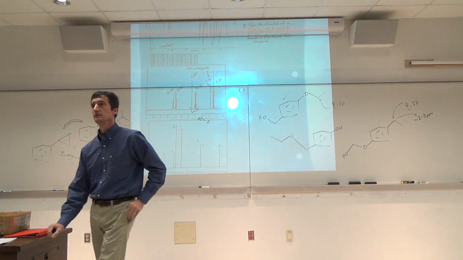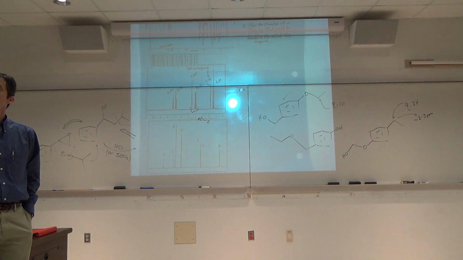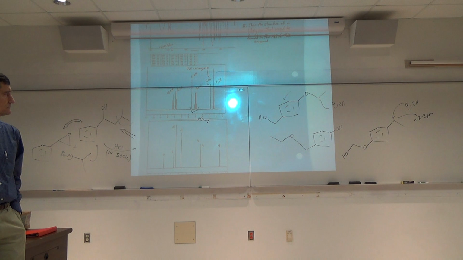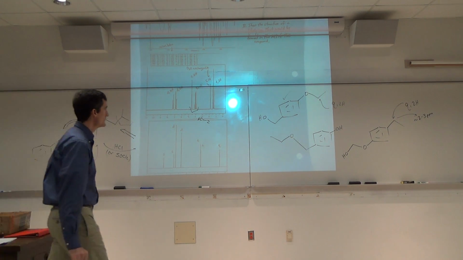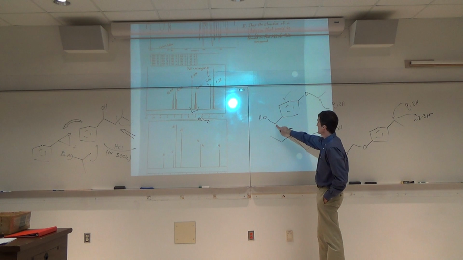Question? So you said earlier that the quartet, because it was right next to the benzene ring, that it would be benzylic. But then in the structure that you just drew, even though it's next to the oxygen, would it still be benzylic because it's still next to the ring? Well, that's benzylic because it's next to the ring. Right. So wouldn't that be 2.3 as well?